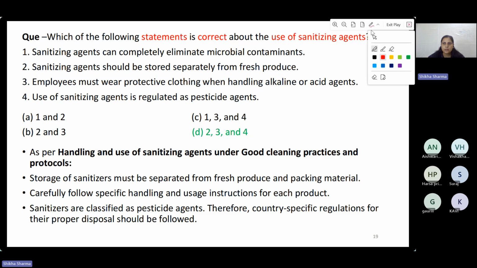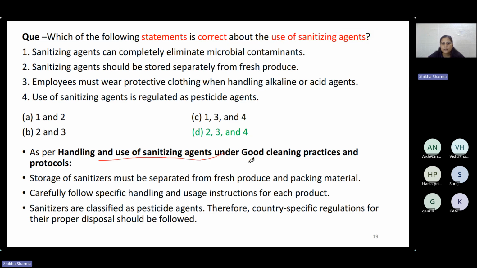As per handling and use of sanitizing agents under good cleaning practices and protocols, it is mentioned that storage of sanitizers must be separated from the fresh produce and packaging material. So the second statement is correct. Then carefully follow specific handling and usage instructions for each product.